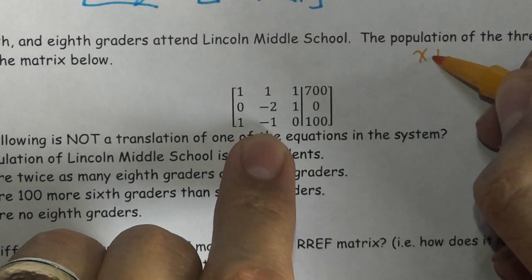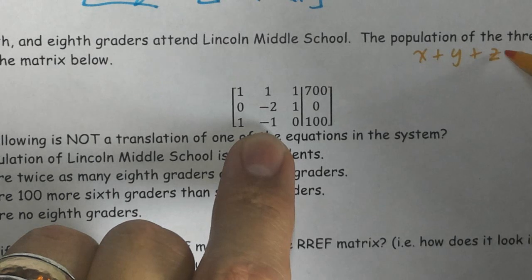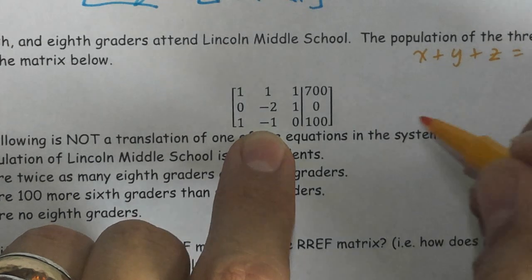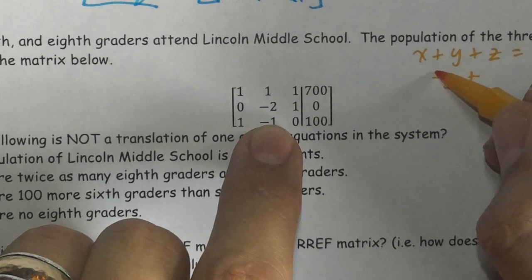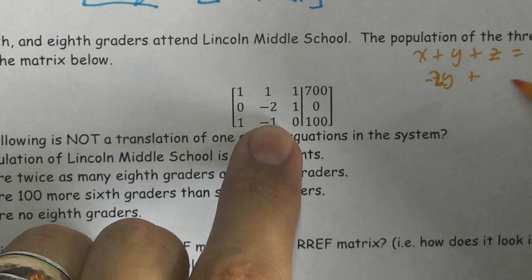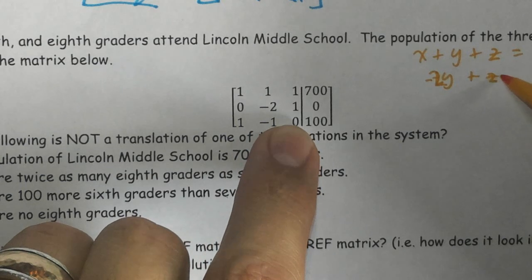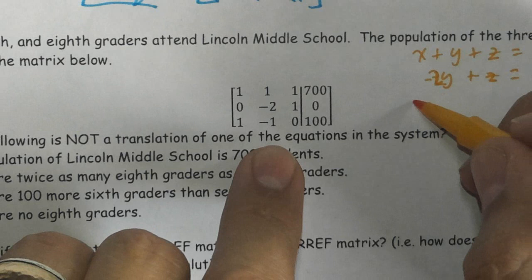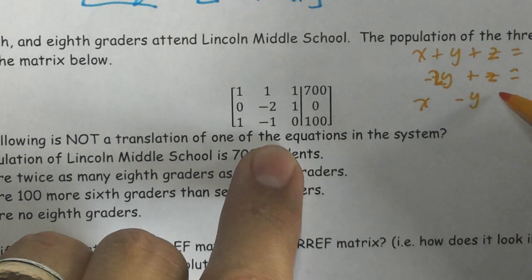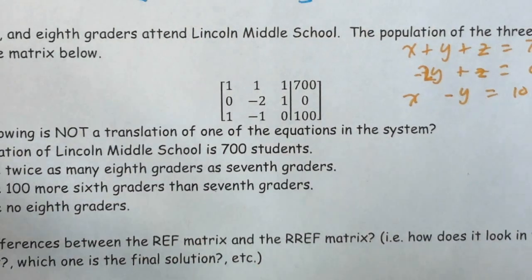So we have x plus y plus z is equal to 700. Then this is negative 2y plus z is equal to 0. And then I have x minus y is equal to 100.